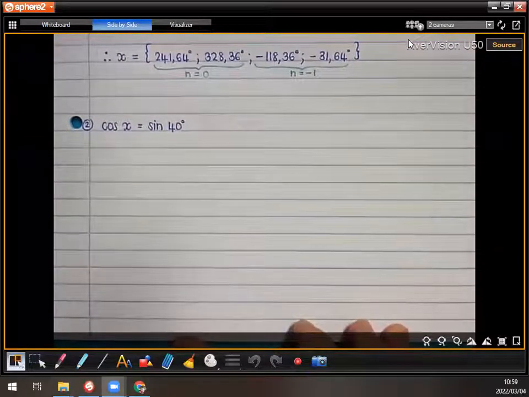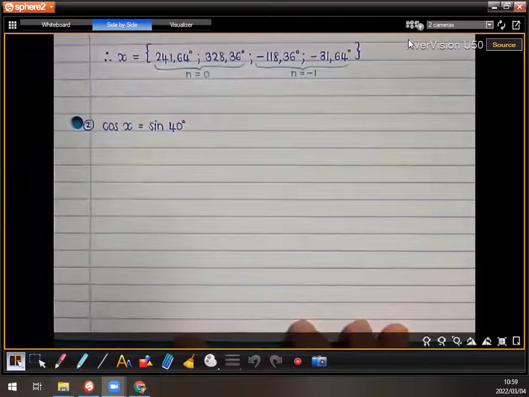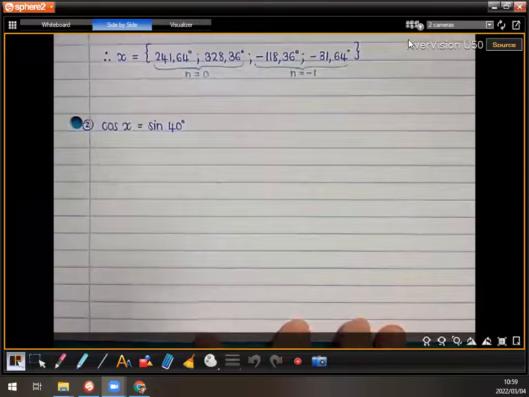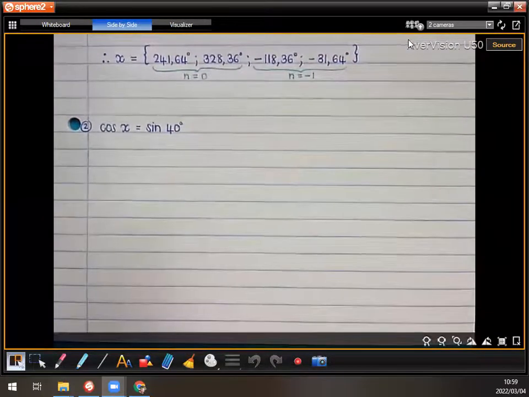Not giving you an interval now, so you're just going to do the general solution for this one. But guys, remember sine 40 is a number, right? So you could type that into the calculator, do your shift cos to get your reference angle. But if you have like another x on the side, you couldn't do that.